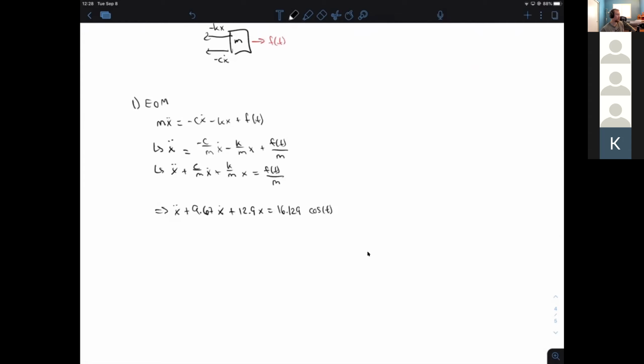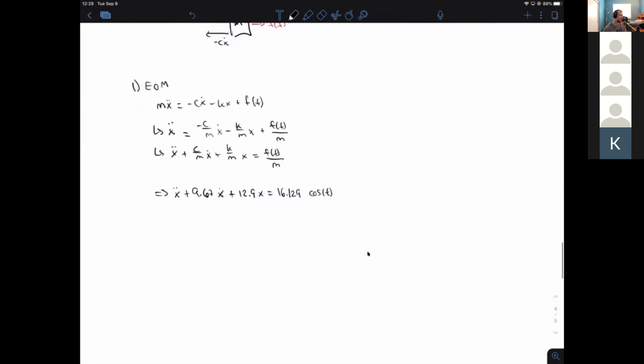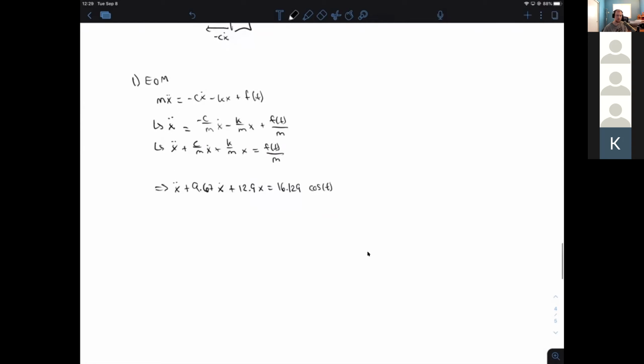At this point, we have to solve for our homogeneous solution and also our particular solution. Then we'll combine those to get our overall general solution. We'll start out with the homogeneous now. With these disgusting numbers, we're going to have to use the quadratic equation.